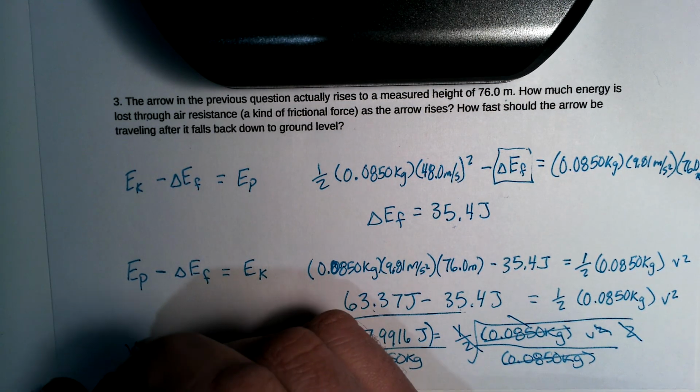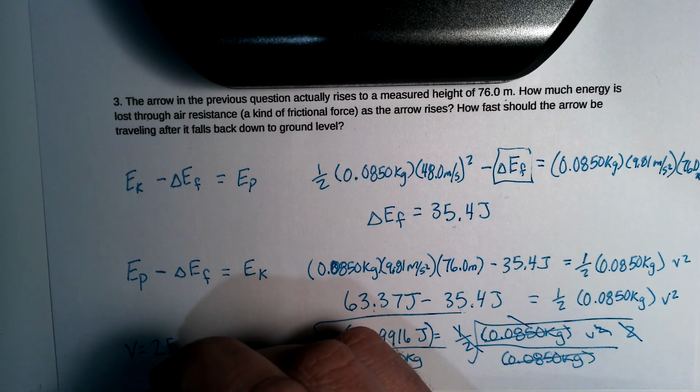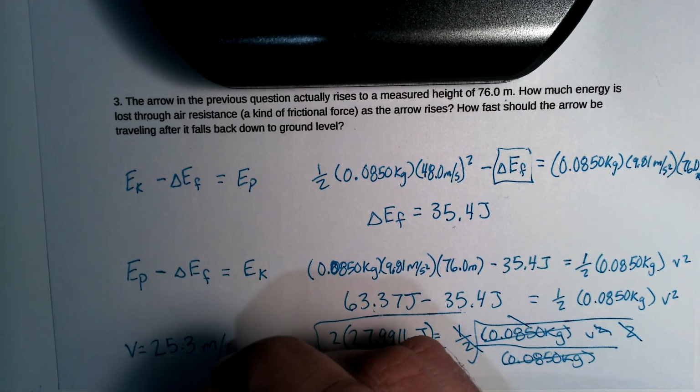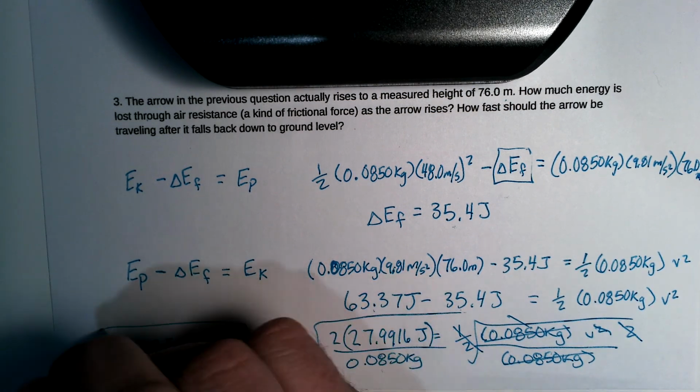So basically we'll get v is equal to the square root of 2 times our energy, our total mechanical energy, divided by our mass, and we should get 25.3 meters per second. That is our final answer.